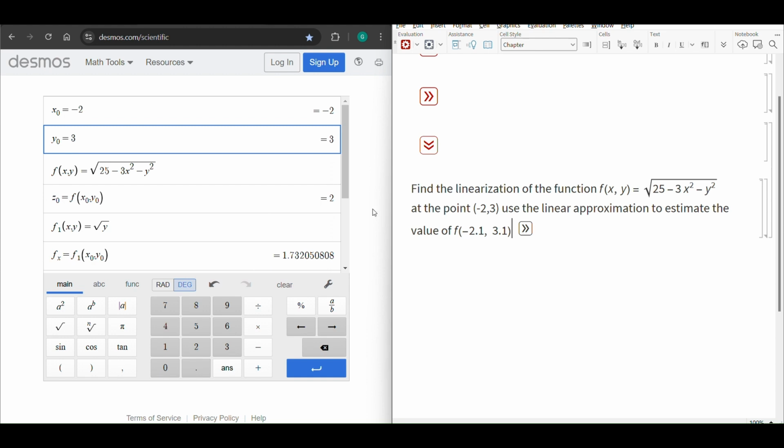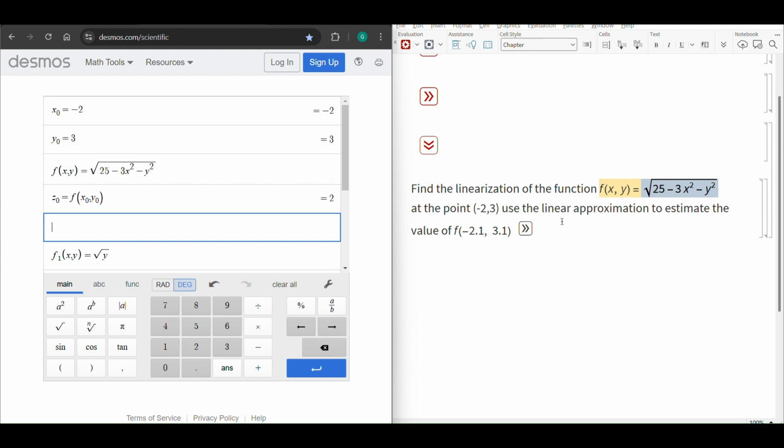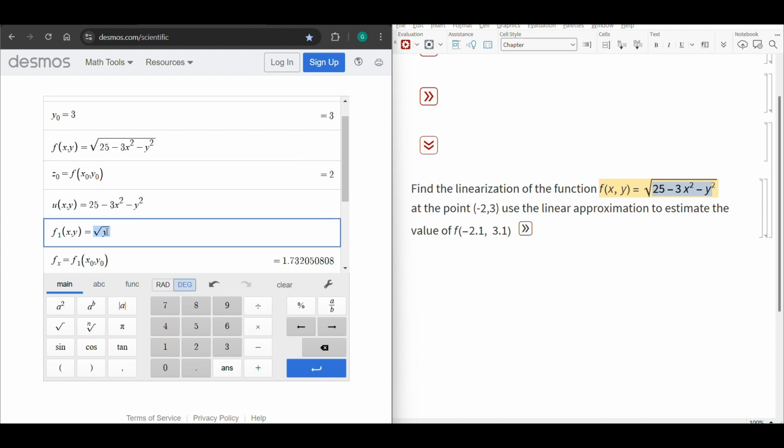So we all know for both partial derivatives, it's going to be this derivative multiplied by this derivative, and then this derivative multiplied by this derivative again. To simplify this, we're going to take everything in here and set it equal to a new function called u. So the function u of x and y equals 25 minus 3x squared minus y squared. Okay? Now we can do the partial derivative with respect to x.